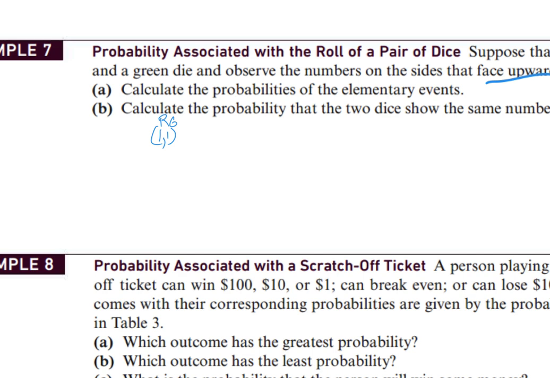Then we could have 1,6, all the way down to 6,1, and 6,6. Because of the colors, we don't swap. Every single one of these is different, and because they're all equal, each has a 1/36 chance of occurring.